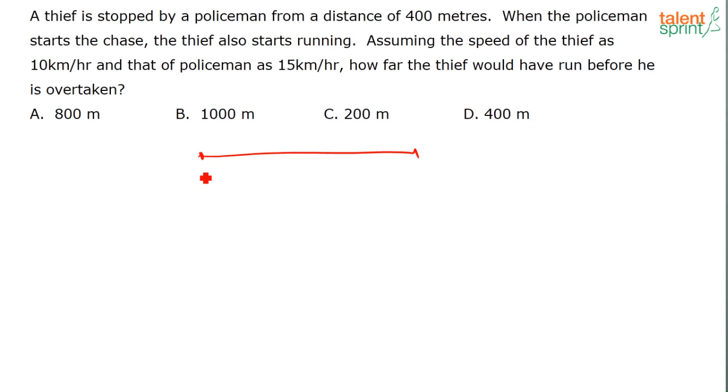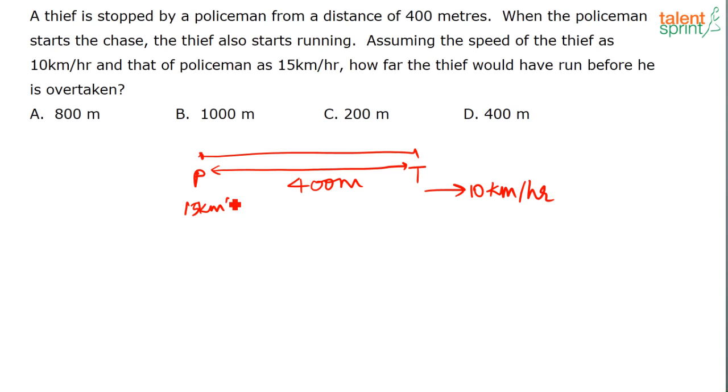So there is a thief and there is a policeman. The policeman is seeing the thief at a distance of 400 meters. Now the policeman starts to chase the thief, and the thief is running at a speed of 10 kilometers per hour and the policeman at 15 kilometers per hour.